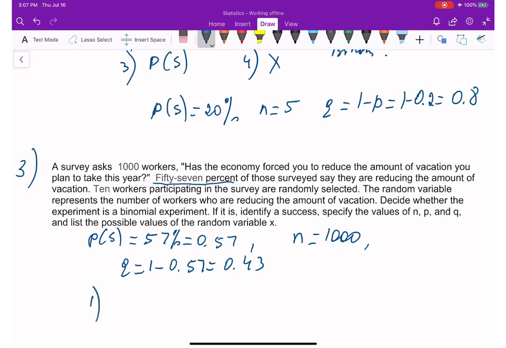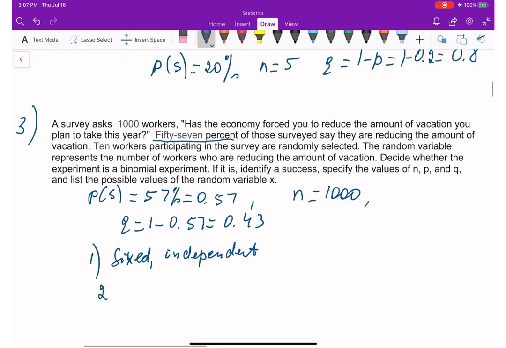Okay, well, let's see. First one, are trials fixed or not? Yeah, 1,000 workers. What one worker does has nothing to do with the other one, right? So fixed and independent trials.